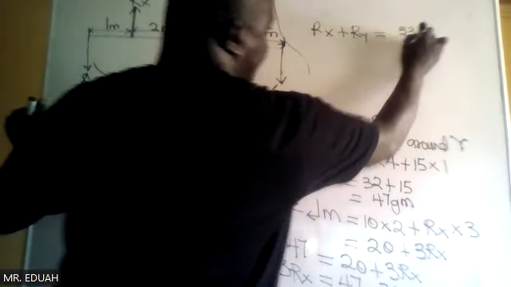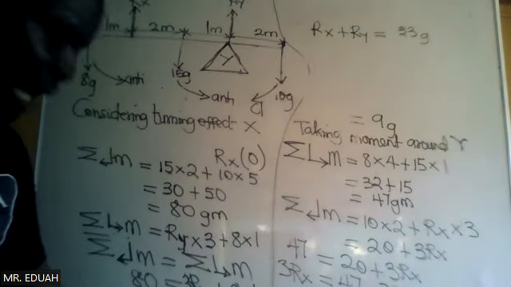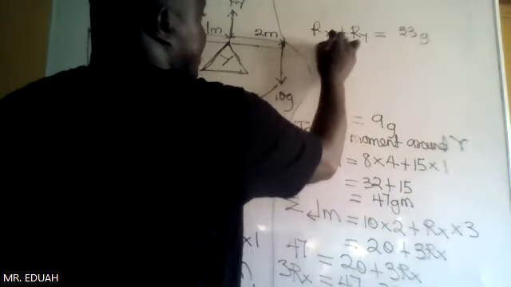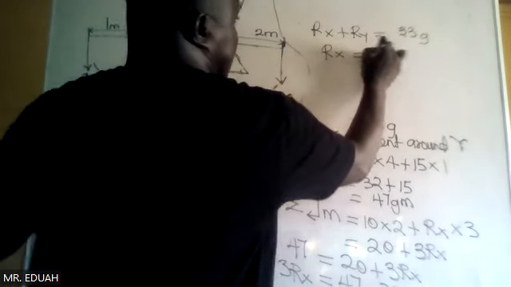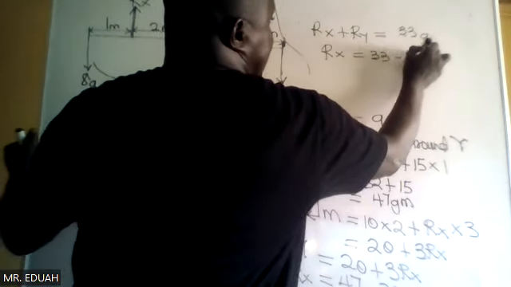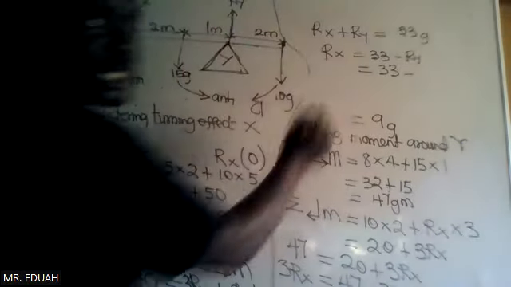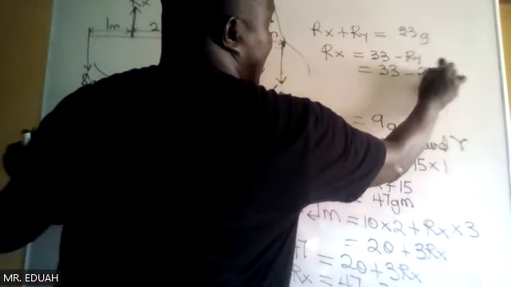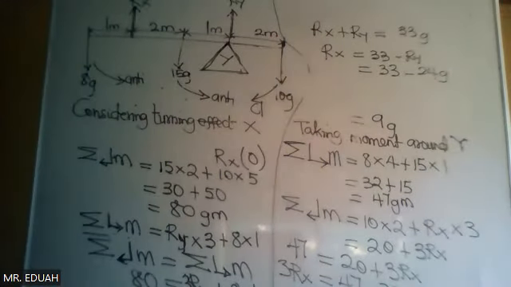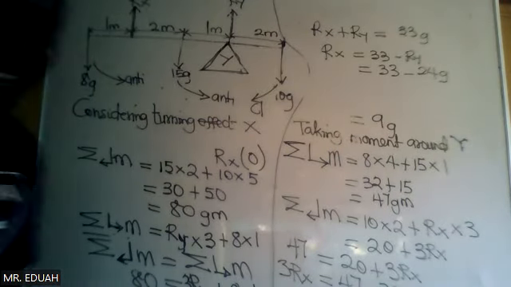Because they have Ry, they quickly substitute that in to get Rx. So 33 minus the Ry value, which is 24, and they are good to go. It's true. This can be right.